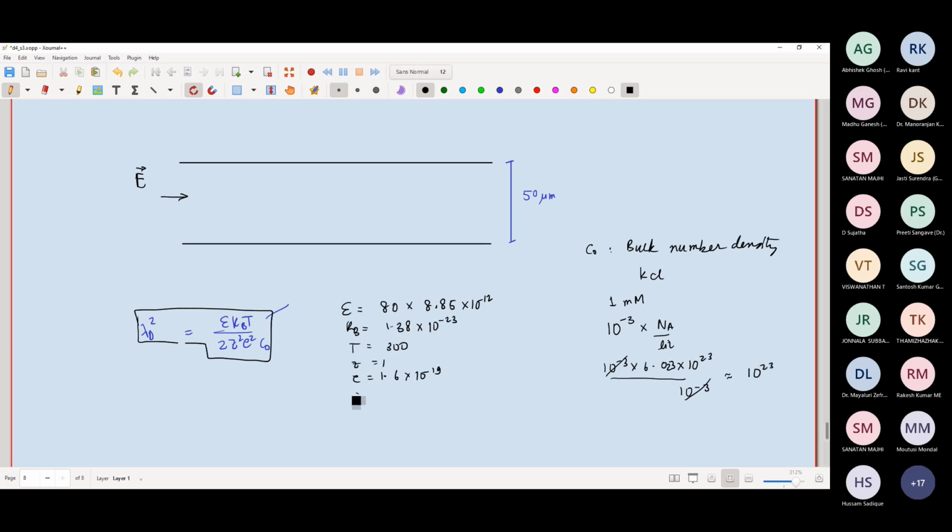Okay, so the number density we can assume to be 10 to the power 23. So let us quickly crunch these numbers.